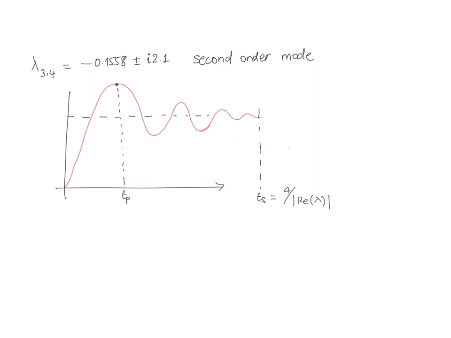The amplitudes keep decaying after that, like this. So this is the point where it reaches the peak, the peak time. That's given by pi over the absolute value of the imaginary part of the eigenvalue. And then there is the peak overshoot itself, MP.